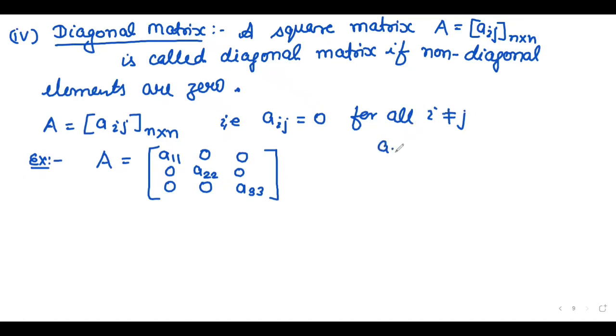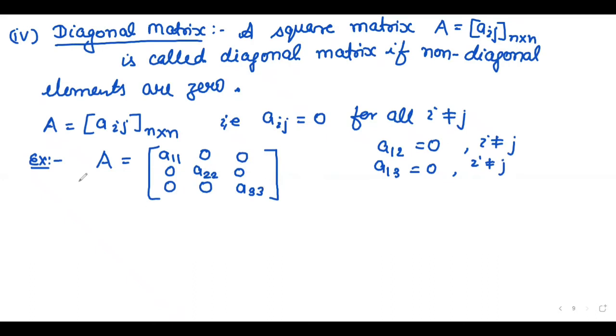When A12 is there, it will be 0, since i is not equal to j. When A13 is there, it will also be 0, since i is not equal to j, and so on. So we can write matrix A = [A11, 0, 0; 0, A22, 0; 0, 0, A33].